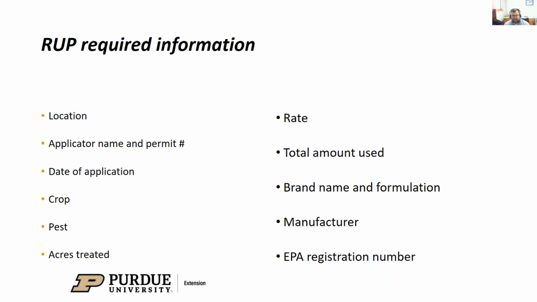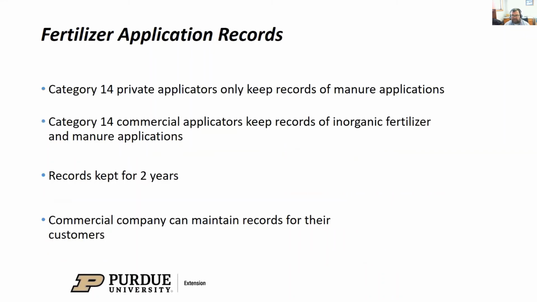All these things are important: location, your permit number, your date of application, what pest and acres you're treating, the rate, the amount used, the brand name information, and the manufacturer. All these things should be somewhere in case there's a question that comes up and you are visited by the state chemist office.